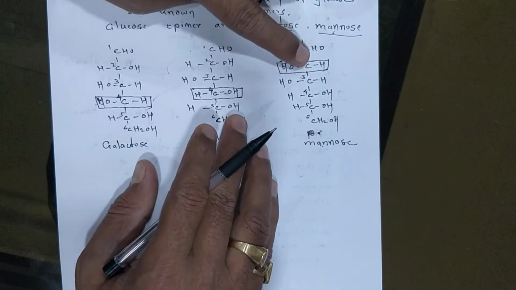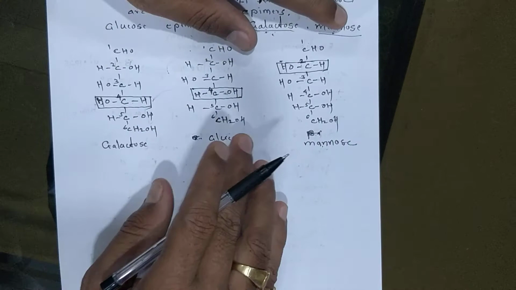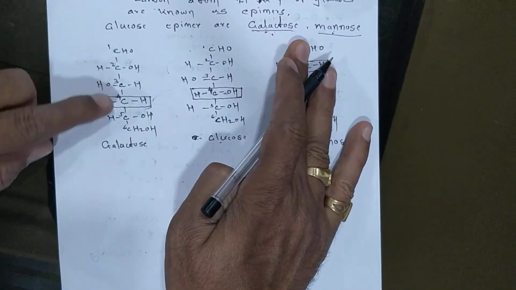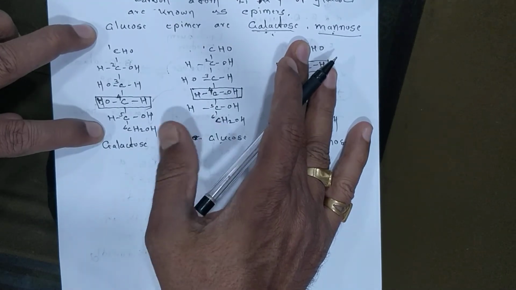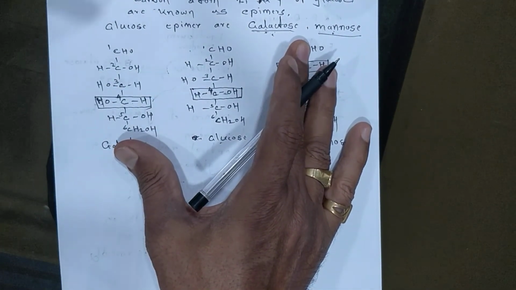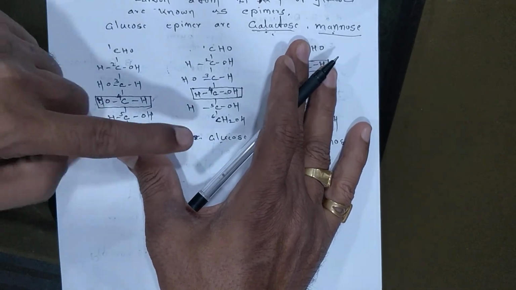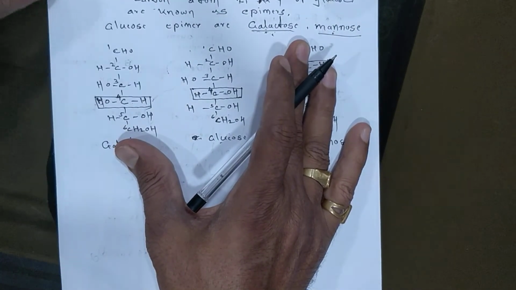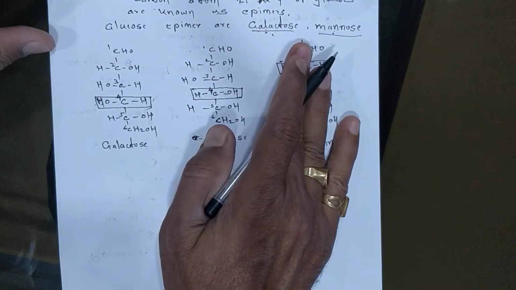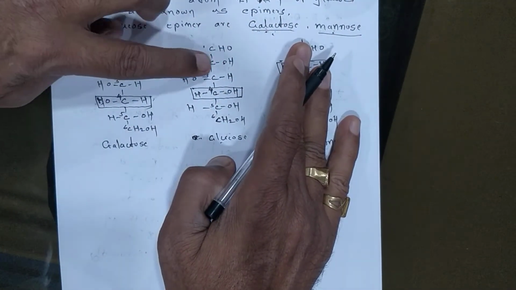Similarly, another example. Forget this one. These are two monosaccharides, glucose and galactose. How is the glucose epimer galactose? How do the changes occur? At a specific carbon.